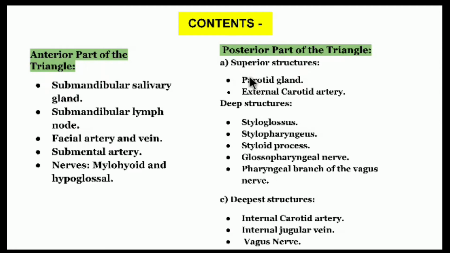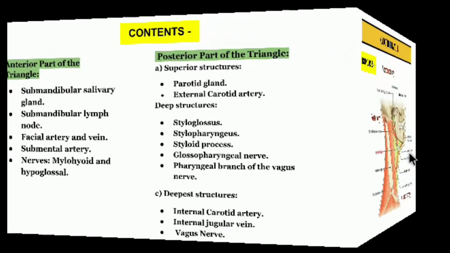Superior structures are the parotid gland and external carotid artery. Deep structures consist of styloglossus, stylopharyngeus, styloid process, glossopharyngeal nerve and pharyngeal branch of the vagus nerve. And the deepest structures consist of the internal carotid artery, internal jugular vein and vagus nerve.